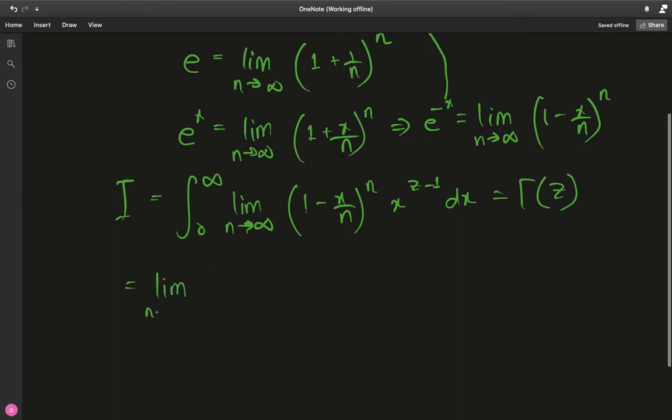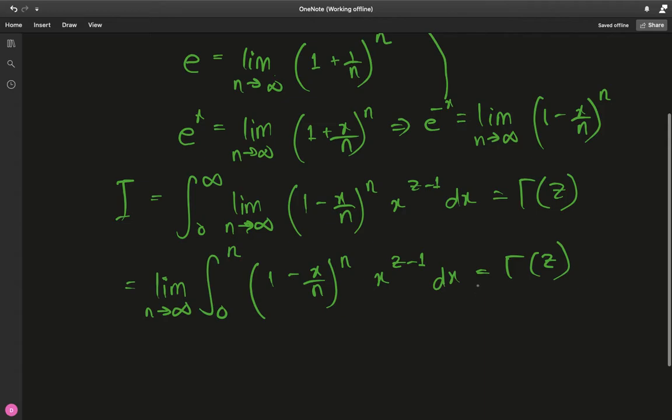So the limit as n goes to infinity, but wherever we had infinities in two cases, in this limit for n and also for this integral, I'm going to write n, because anyway we are having a limit as n goes to infinity. And then this can be written as the integral of (1 minus x over n) to the n times x to the z minus 1 dx. That is the gamma of z.